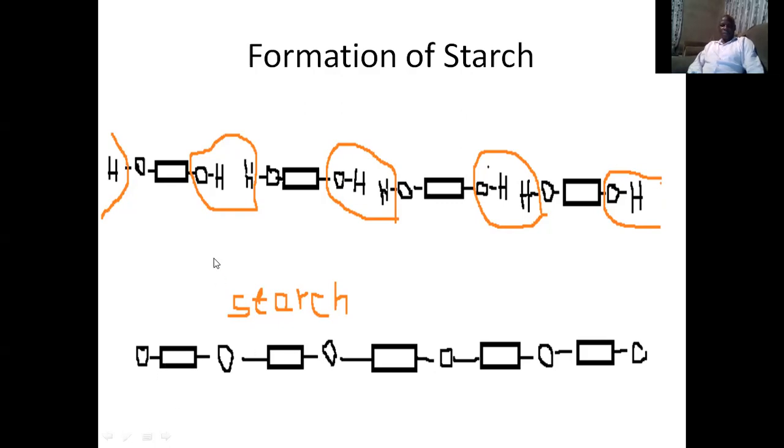So it has a rectangle, and then oxygen, that rectangle and oxygen. So whenever we see such a structure, we know that we are looking at the structure of starch. And so it's formed by condensation polymerization, where water molecules are drawn out.